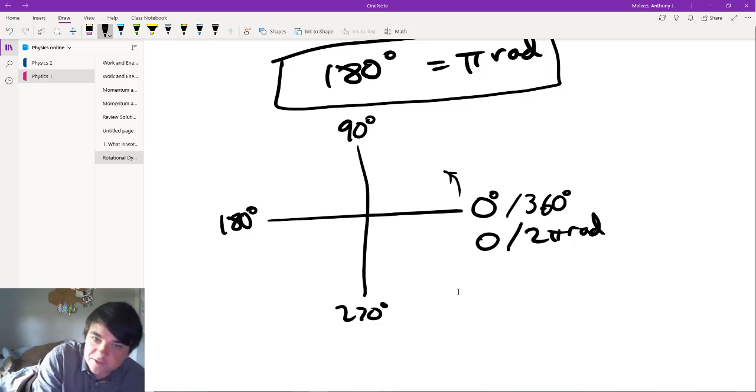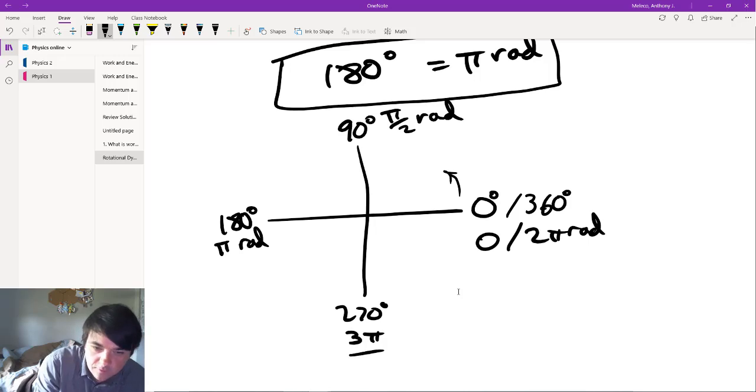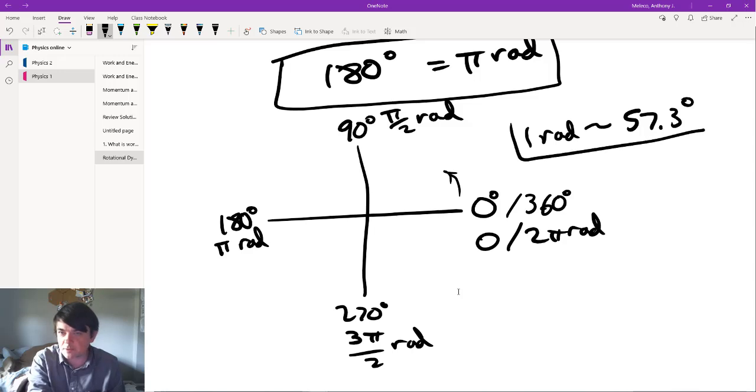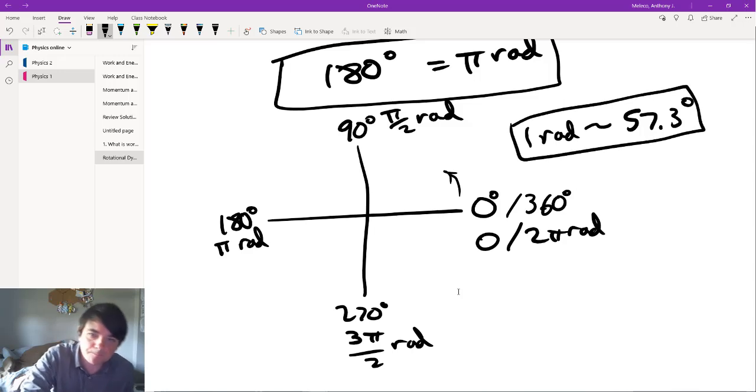This right here is pi over 2 radians, this right here is pi radians, and this is 3 pi over 2 radians. And if you want a number assigned to it, you can plug in pi, but 1 rad is roughly, if you just divide 180 by pi, you're going to get 57.3 degrees, if that makes you happy to have a number assigned to it. Okay.